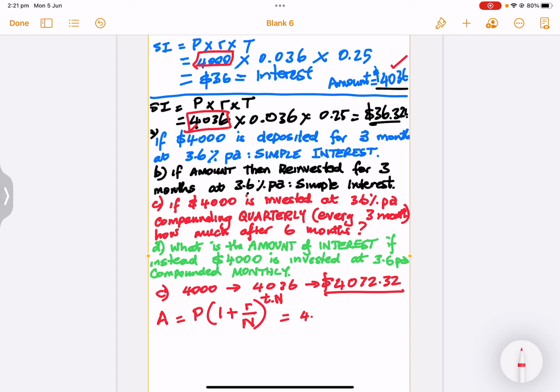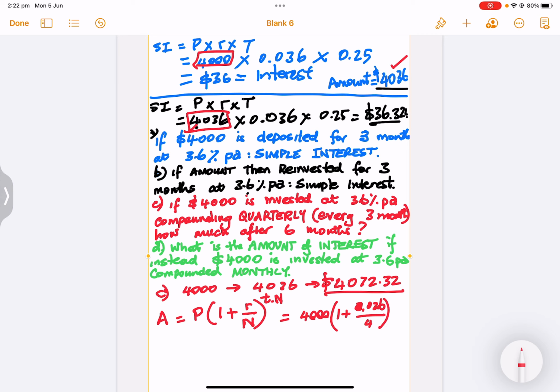You start with 4,000. It's 1 plus 3.6%, and I'll put 0.036 here because I don't have 100 underneath. And we divide that by 4, quarterly, so we break that up into 4 pieces.